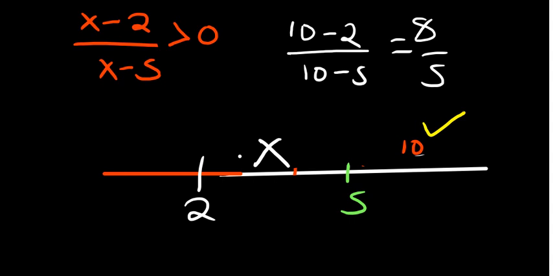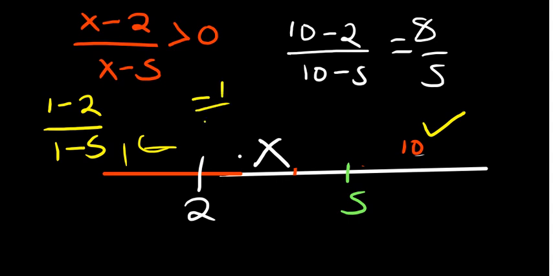The ones that are less than 2, going this side. We can get 1. So we have 1 minus 2 over 1 minus 5. What basically are we going to have there? It's going to be a positive value, right?